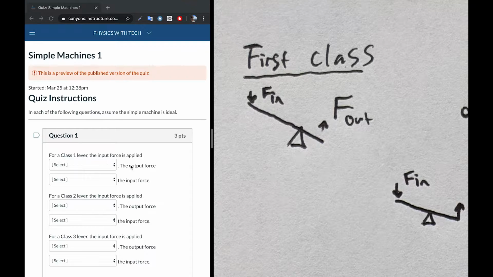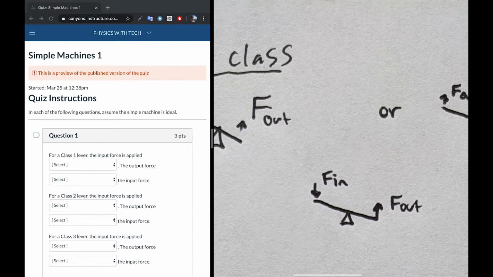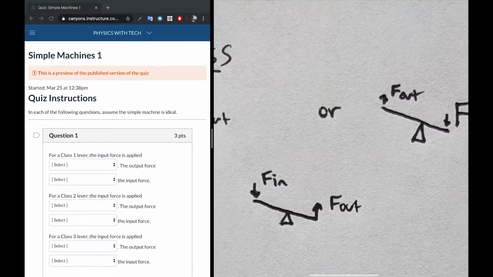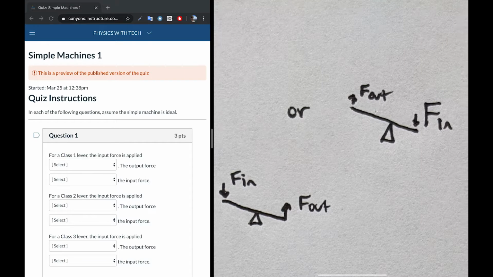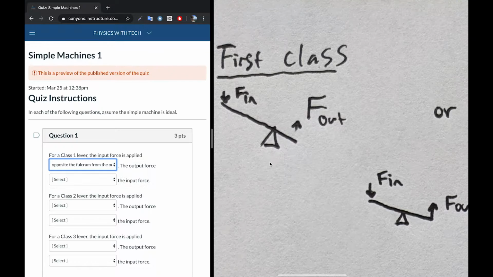So for a first class lever, we are looking at where the forces are inputted and outputted, and these are all examples of first class levers. But the thing they all have in common is that the output and input forces are opposite the fulcrum from the output force.